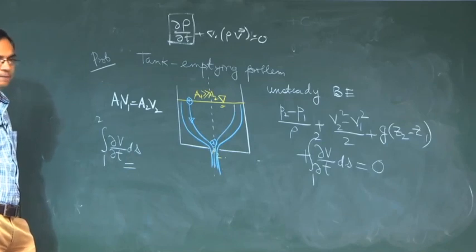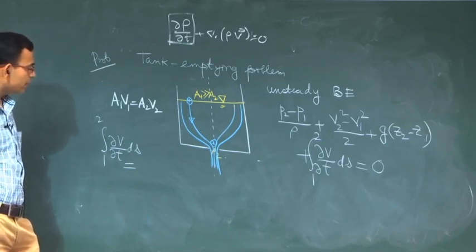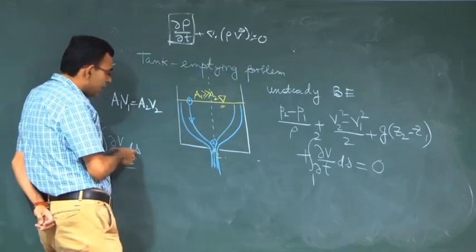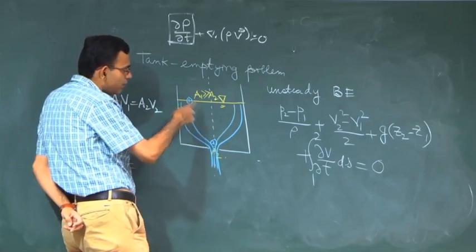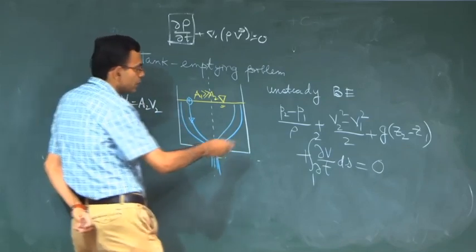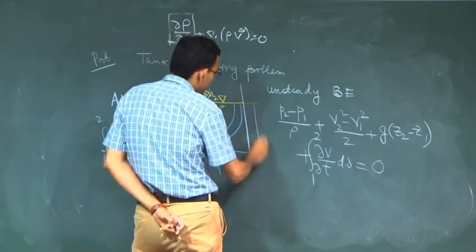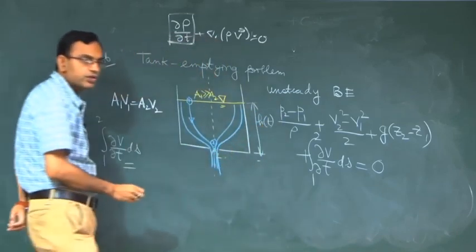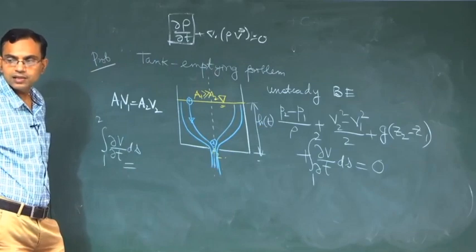To do that, we will consider that this integral is over a streamline starting from 1 to 2. By the way, the height h is a function of time. Initially it may be h naught, and then h is a function of time.